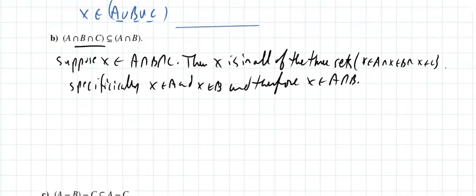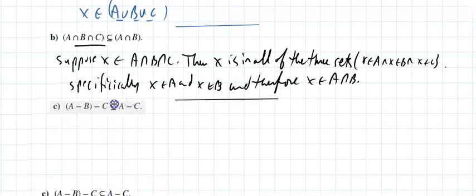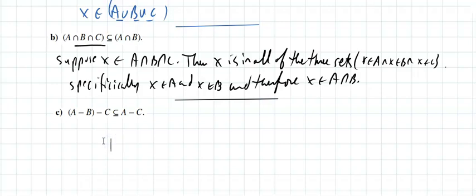You could say hence, you could say yield, many different ways you could say that. And the third case, prove that the set A minus B minus C is a subset of A minus C.